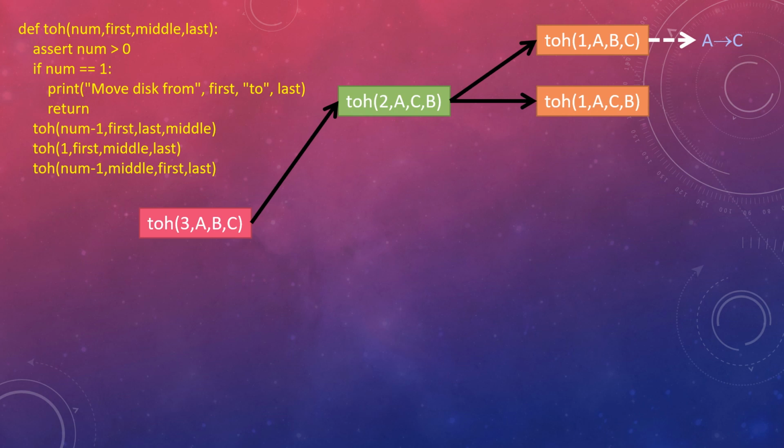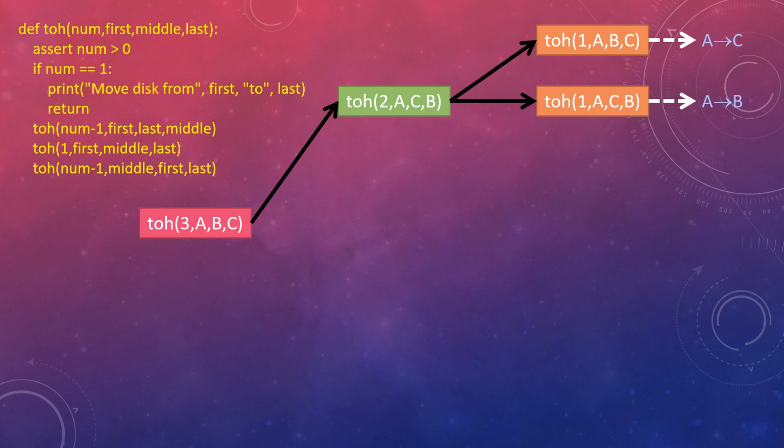The source is A, the destination is B. And that is the same source and destination in the second orange box. The second orange box translates into another move. Move a disk from A to B. Two recursive calls of the green box are complete.